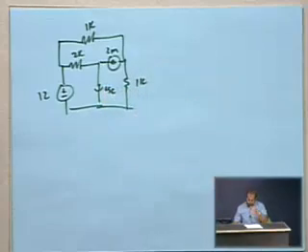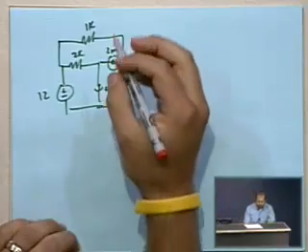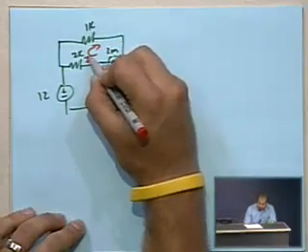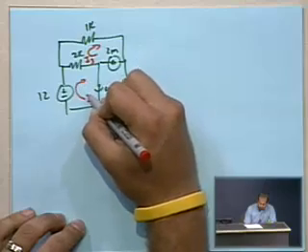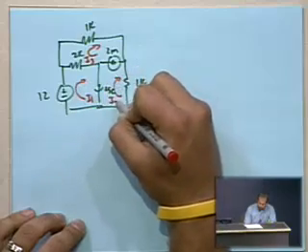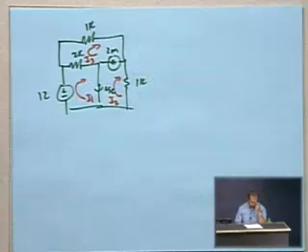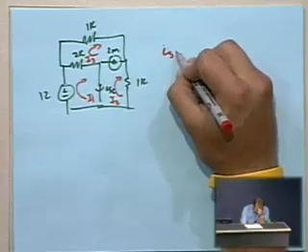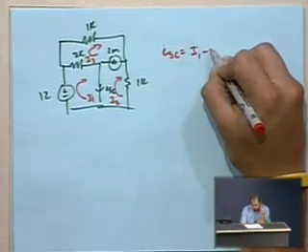Okay. So we'll just define each of the loops going around in a clockwise manner. That's going to be I3, it's going to be I1, and this is going to be I2. So our equations are going to change just a little bit. I short circuit is still going to be I1 minus I2.